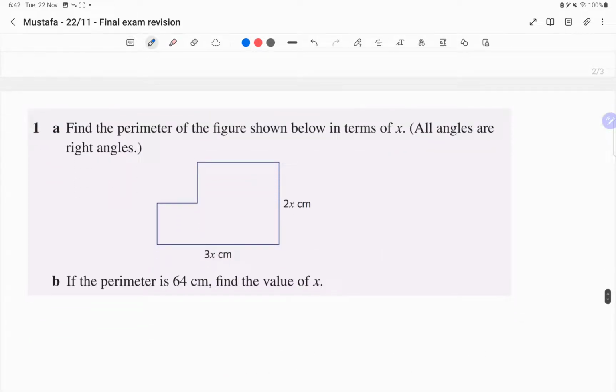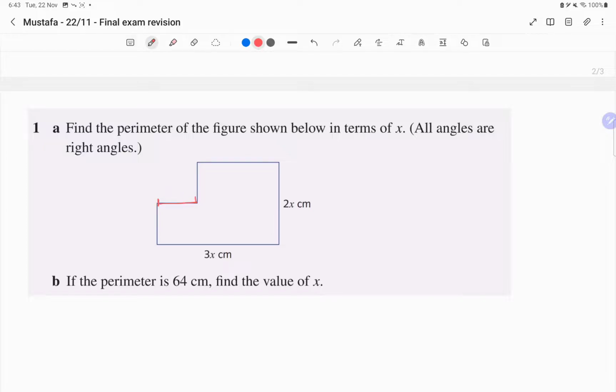Find the perimeter of the figure below in terms of x, right? All angles are right angles. So, how would you find the perimeter in terms of x? See, this one is about shifting lines.